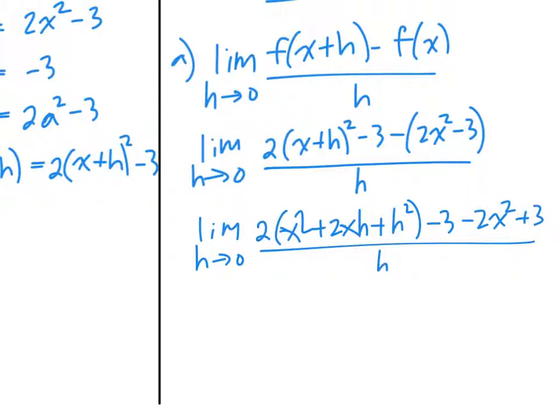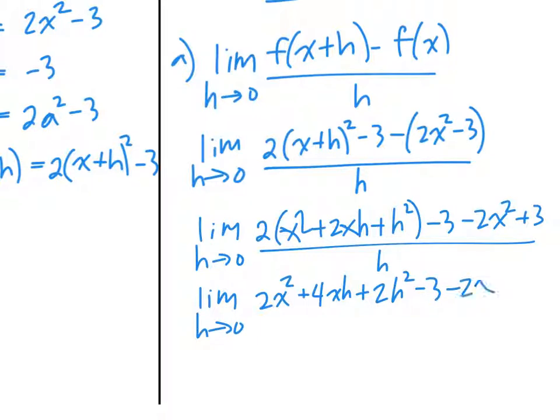Okay, we're going to distribute, combine like terms, simplify this. Okay, limit as h goes to 0 of 2x squared plus 4xh plus 2h squared minus 3 minus 2x squared plus 3 over h.